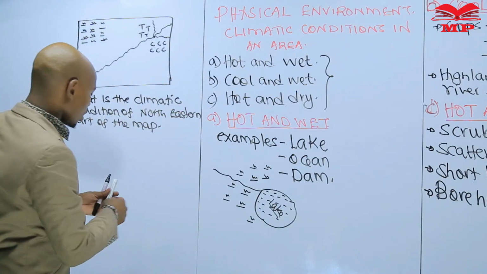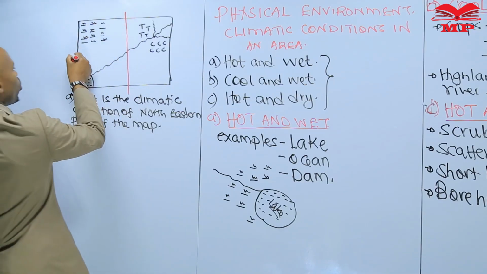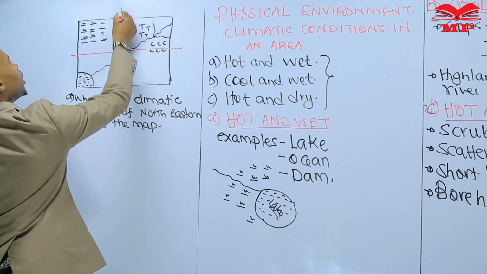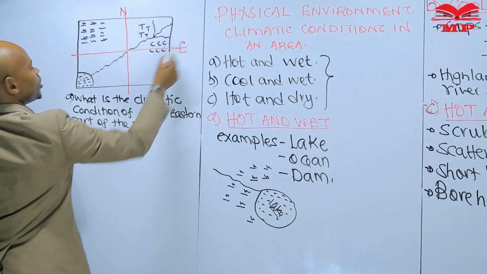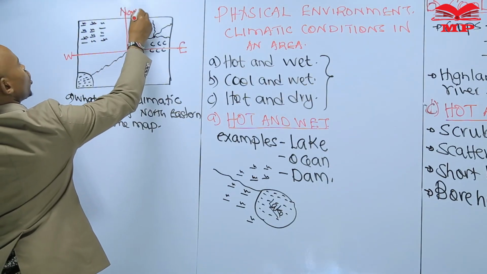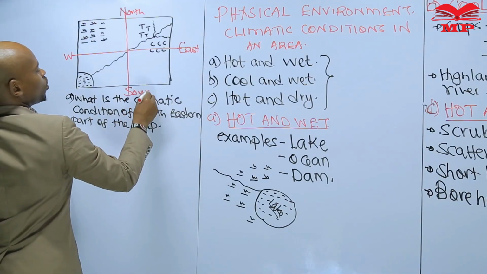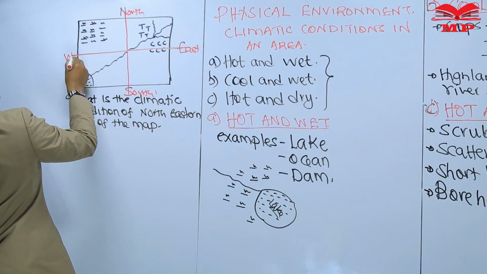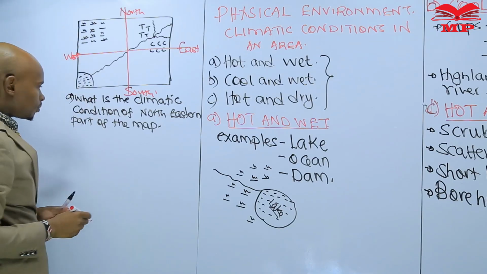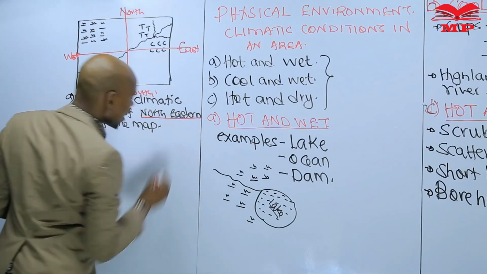So it is always advisable for you to have a compass across the whole map. Never eat sukuma wiki: this is north, this is east, this is south, this is west. So the question is northeastern.